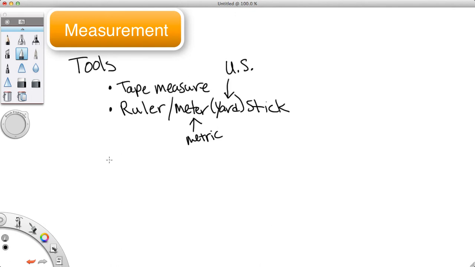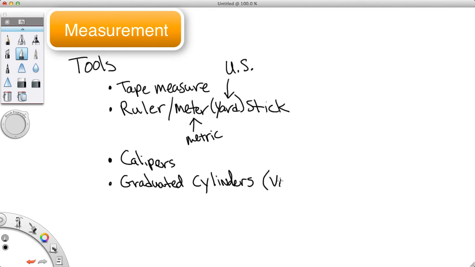We also have things like calipers. Calipers help measure small lengths. We have graduated cylinders, which help measure the volume of liquids.